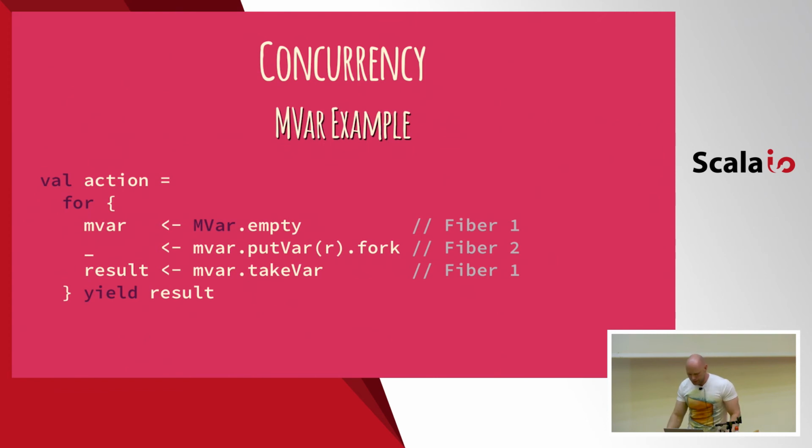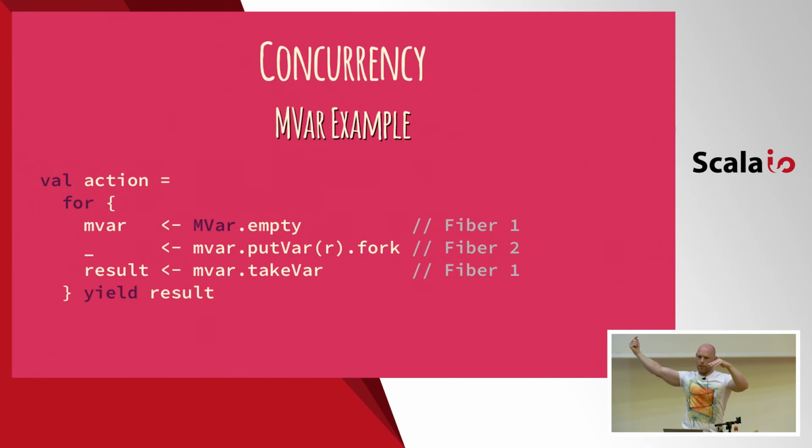Here's a very simple example where I create an empty mvar, and look at how easy multi-threading is. It's just so seamless. Here I actually have 2 different fibers, and there's no ceremony, there's nothing. Because these IOs are just first-class values. I create the empty one, then I put a var, but I forked that, so that's another fiber.